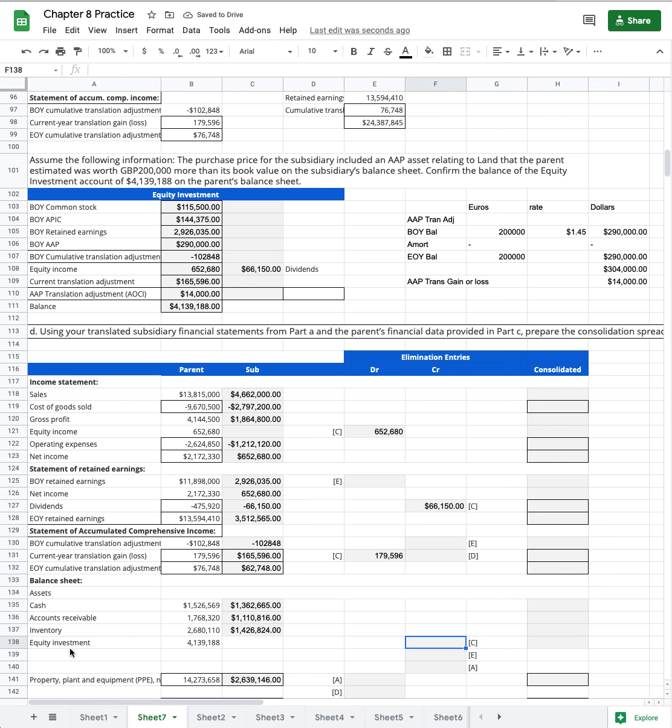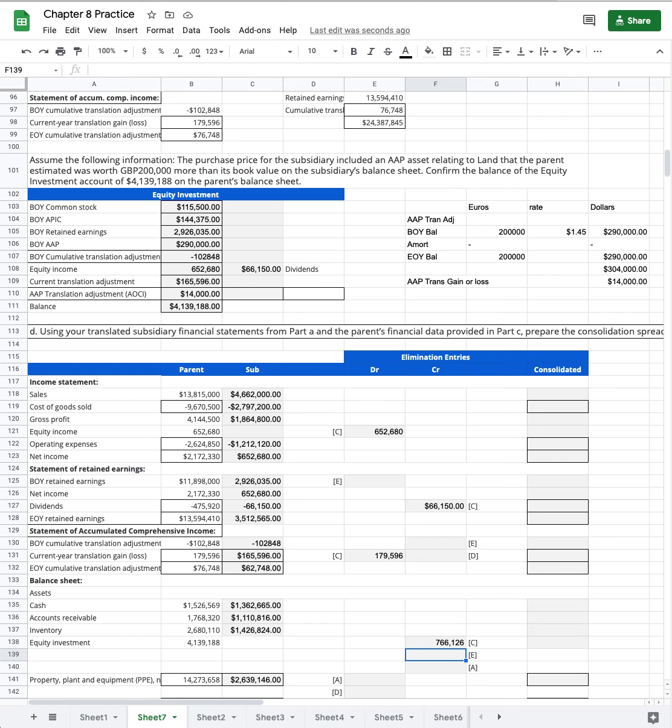And in the credit for the equity investment on the balance sheet, we can solve for that as our two debits minus our credit to get 766,126.